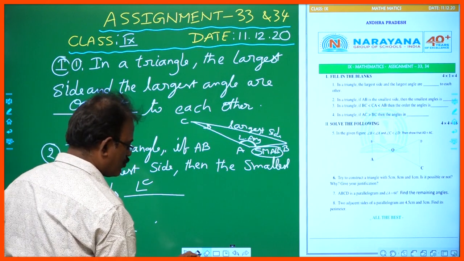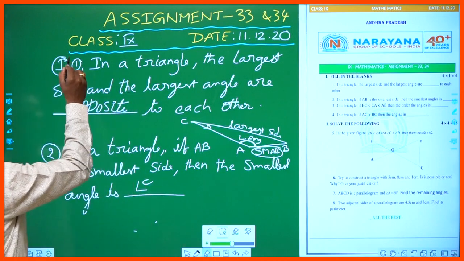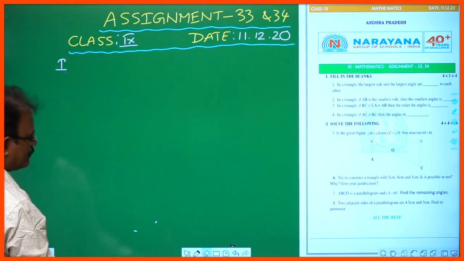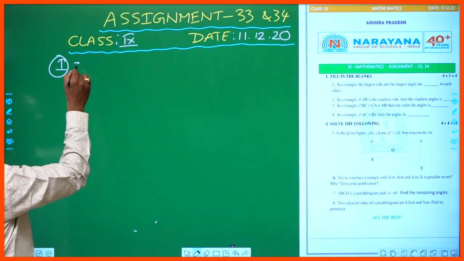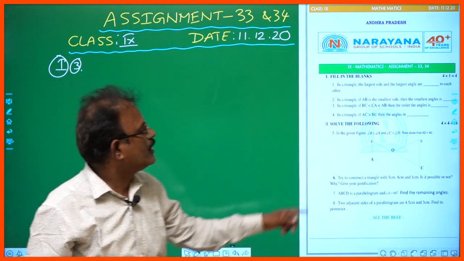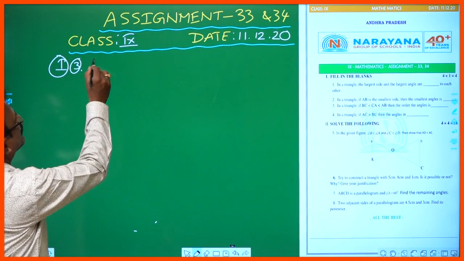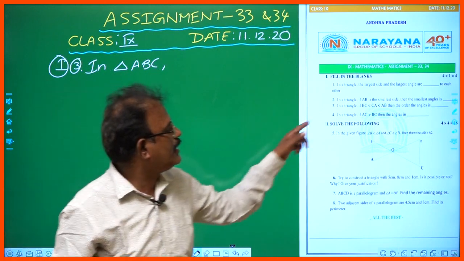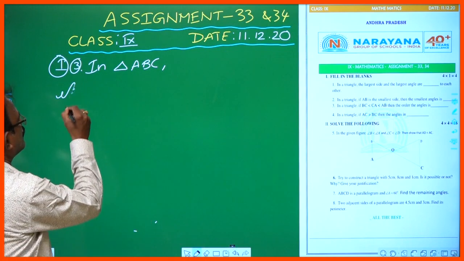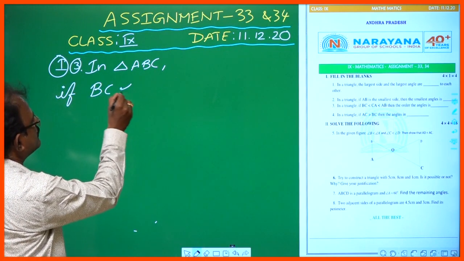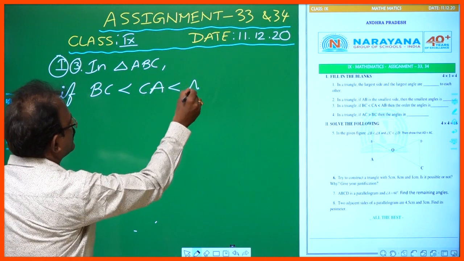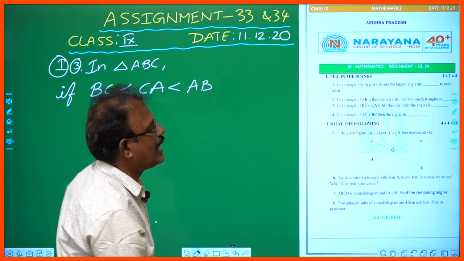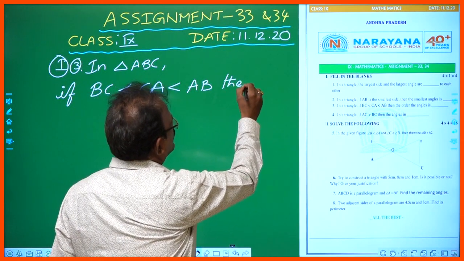Third one from first Roman. In triangle ABC, if BC less than CA less than AB, if the sides are in this order, then what is the order of the angles?